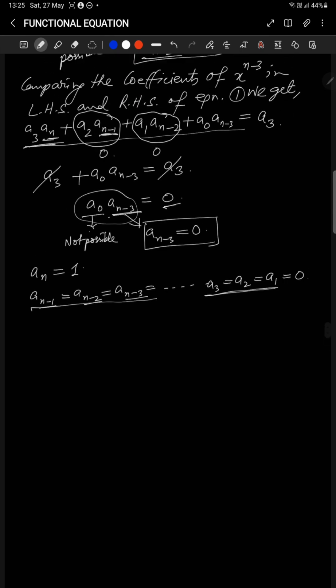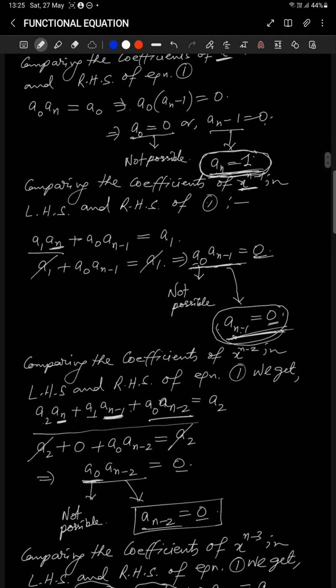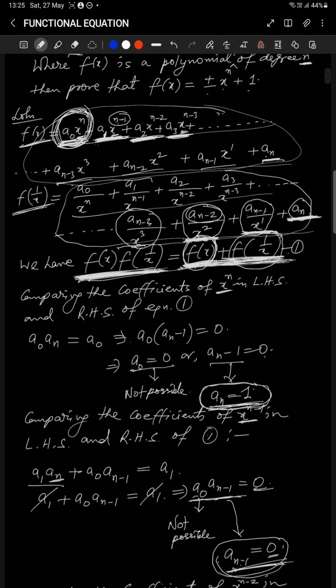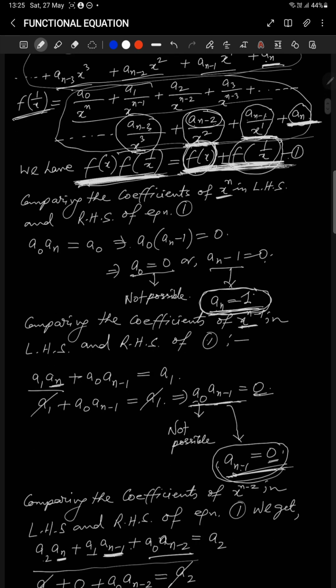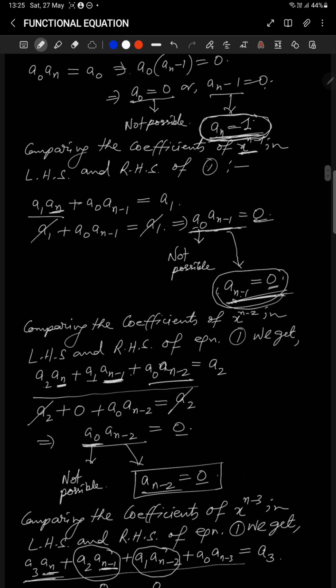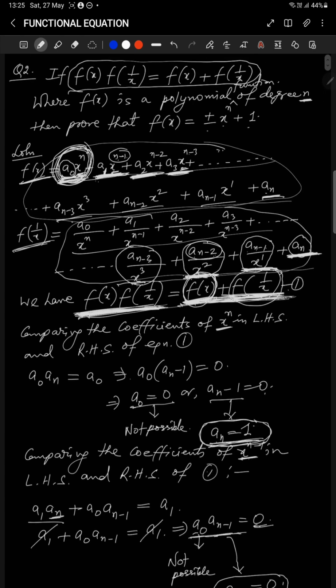Alright. Now we are left with finding the value of a0, that is this one. This we have not yet obtained. So to get the value of a0, if we are multiplying f(x) and f(1/x), and if we are multiplying this term with this x to the power n, this x to the power n will get cancelled, and we are left with a0 square.